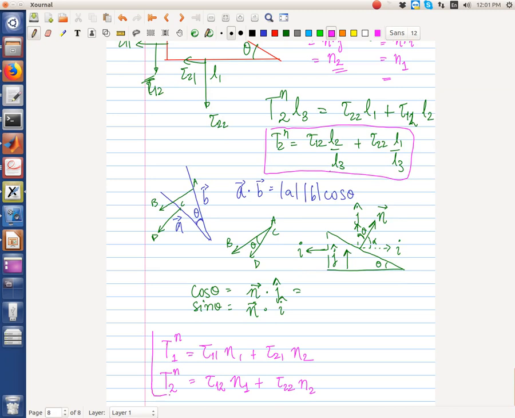So this gives us the state of stress as the traction vector acting on a face with an arbitrary orientation. Okay.